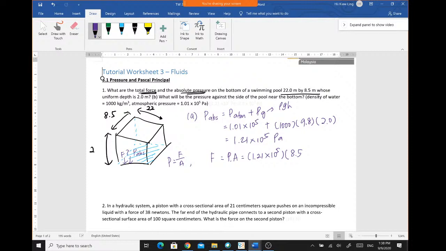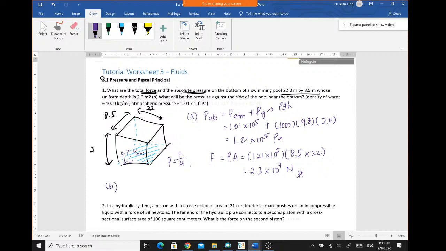So is that 0.5 times 22? So it's around 2.3 times 10 to the power of 7 Newton.